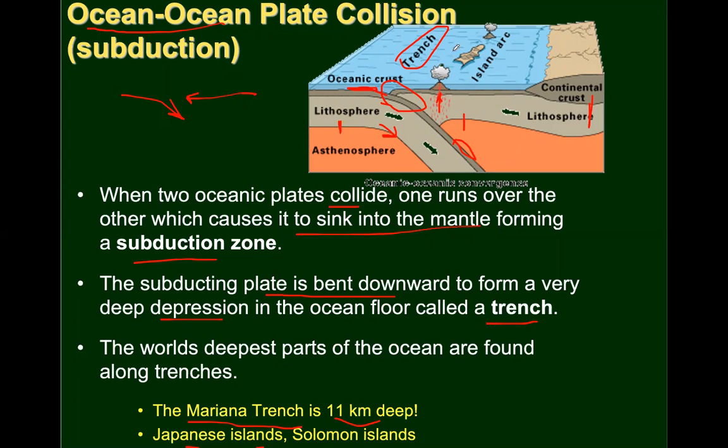So you have tiny island chain formation. Chains of islands are formed. So these are a typical feature of subduction plates, where close to the margin you have these chains of islands. So the Japanese islands are a product of that. Solomon Islands are also a similar sort of product. So it's related with subduction.